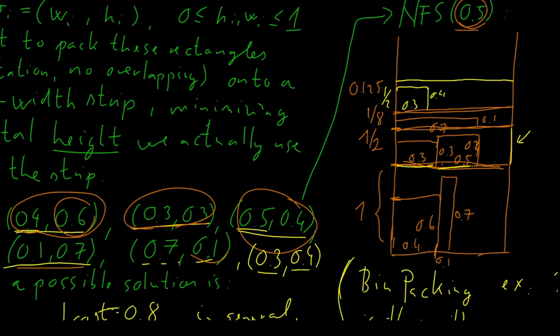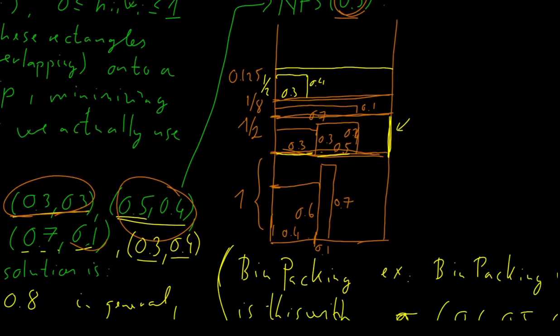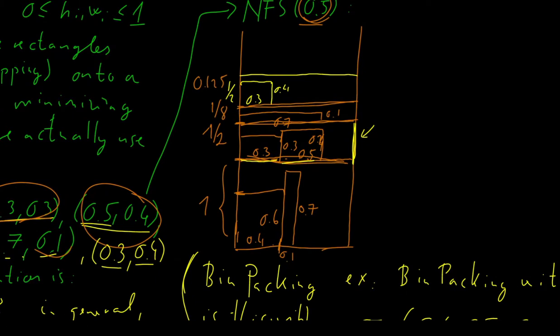So that's how it works. These shelves are closed forever. So essentially for any given height we are just running a next fit algorithm, and that's why it's called the next fit shelf. You just use shelves and apply the next fit algorithm for those.